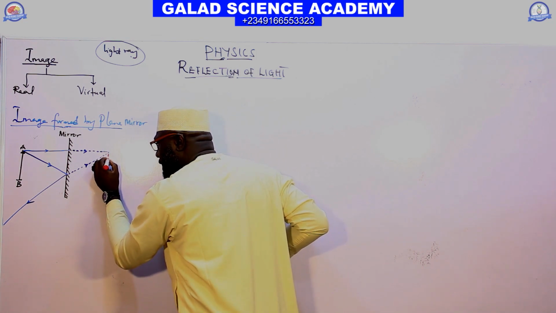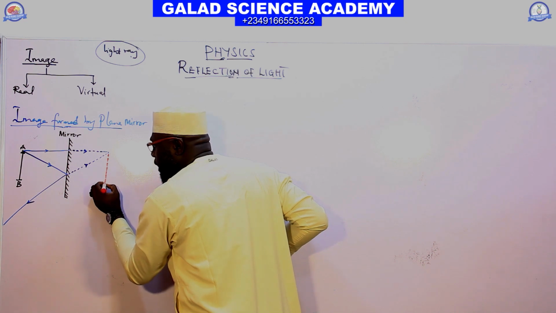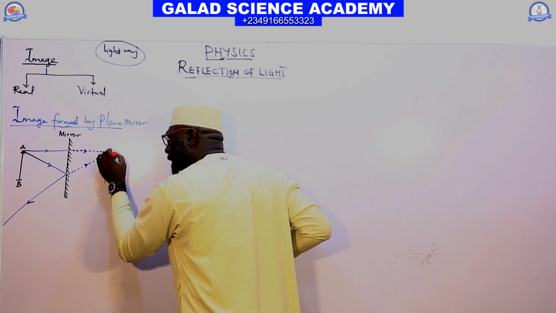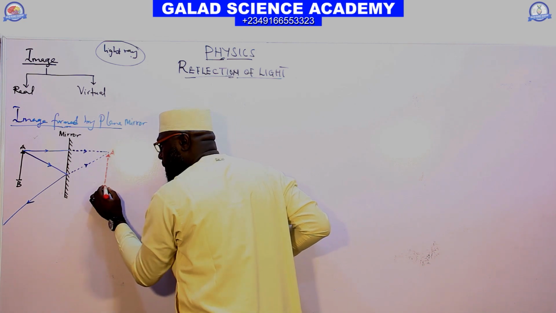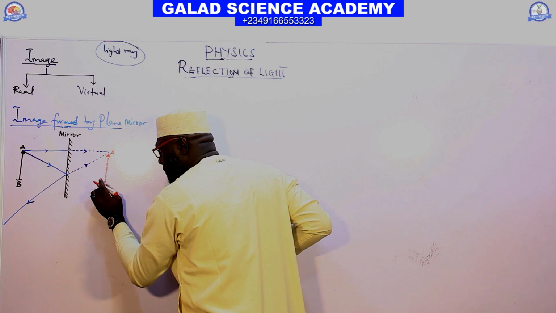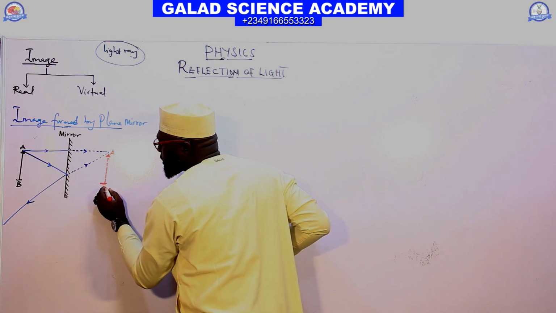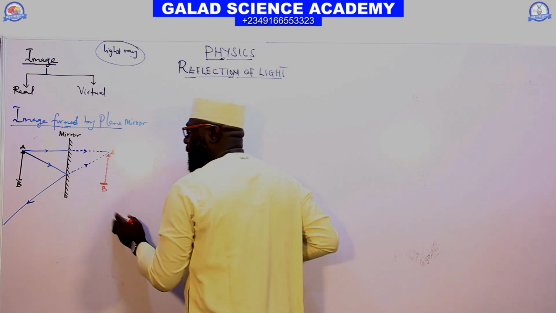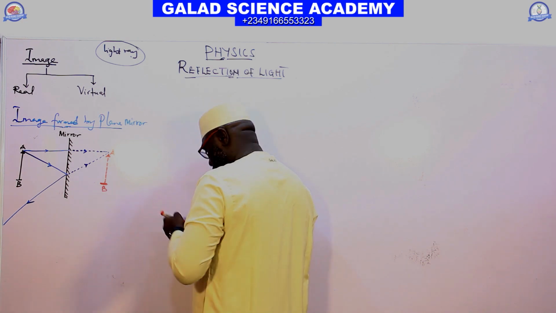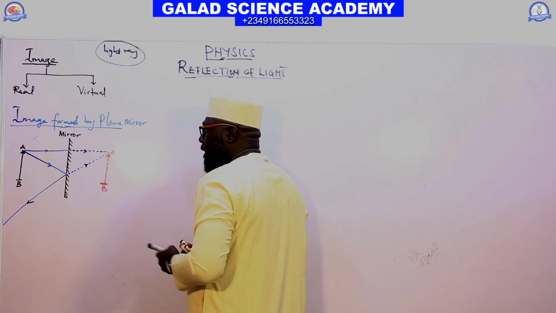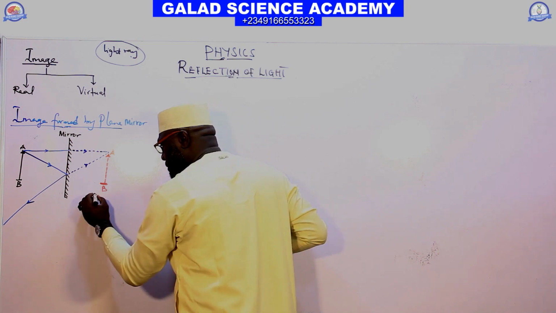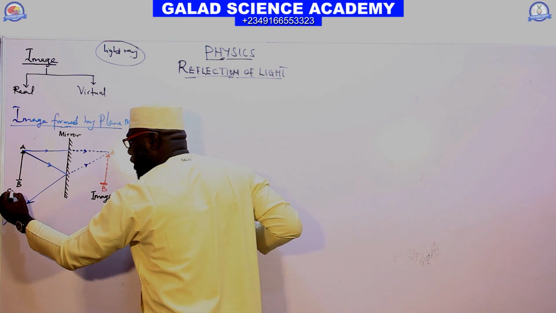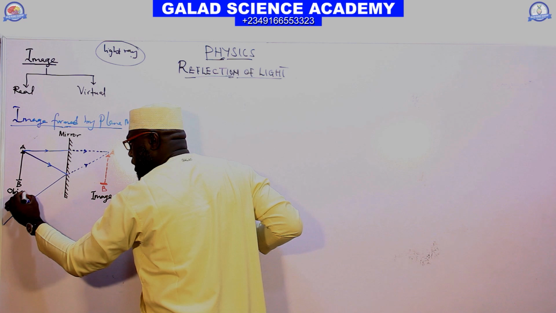The point of intersection here is where the optical image forms. This place will be A, and this place will be B. This is what we call the image, and this one we call the object.